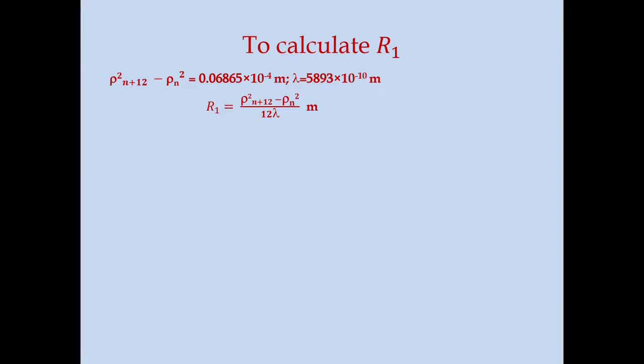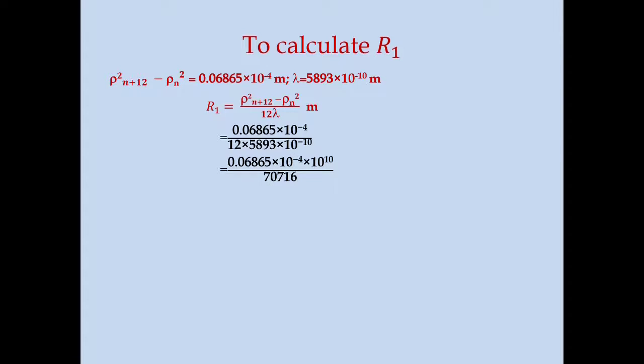Here the difference is found for 12, so in place of m, we have substituted 12. The rho square n plus 12 minus rho square n value we have already calculated. It is 0.06865 into 10 power minus 4, the whole thing divided by 12 into 5893 into 10 power minus 10.